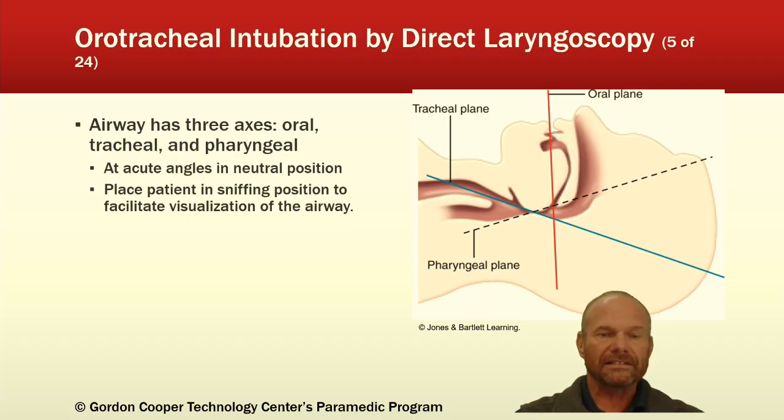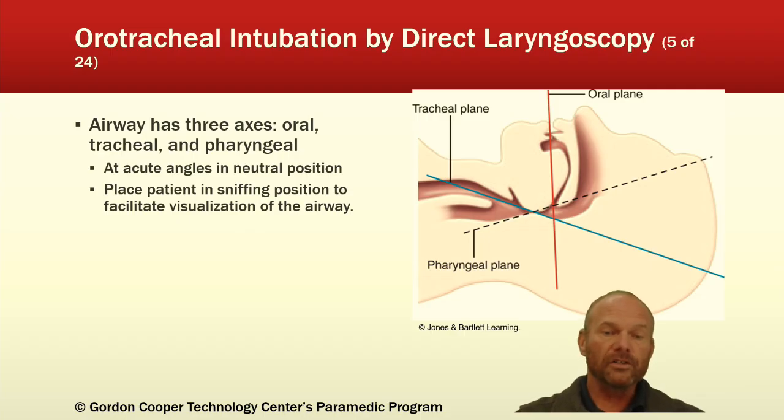You have the tracheal axis, the pharyngeal axis. When they're in a neutral head position, these axes are at acute angles, which makes laryngoscopy really hard as the airway isn't aligned for optimal visualization. I didn't mention it, obviously there's an oral axis too.